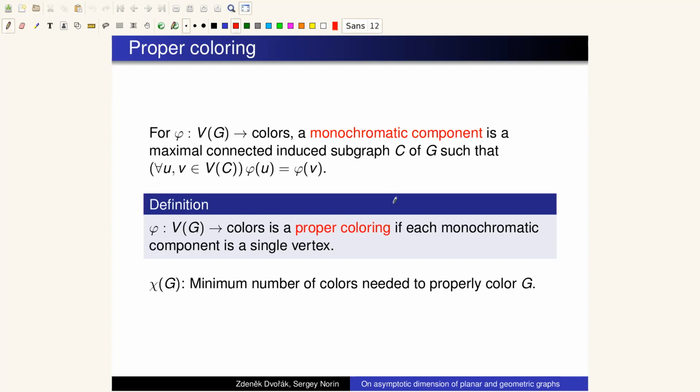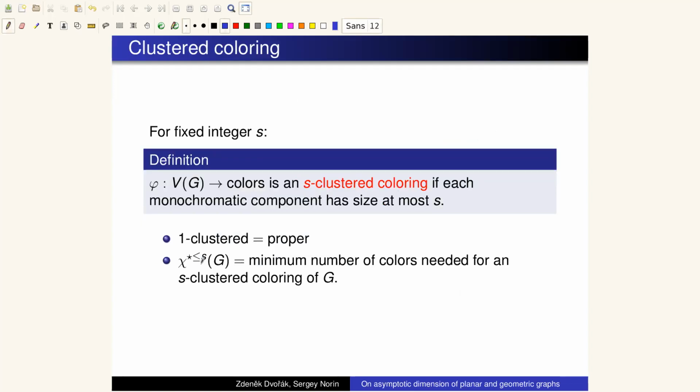The reason why I have defined the chromatic number in this strange way is that now we can play with this definition and replace this condition of being a single vertex by other conditions, and we get some other variants of graph colorings. And one of the most natural and most interesting ones is the notion of clustered coloring, where you consider some fixed integer s, and you say that this assignment of colors to vertices is an s-clustered coloring if each monochromatic component has size at most s.